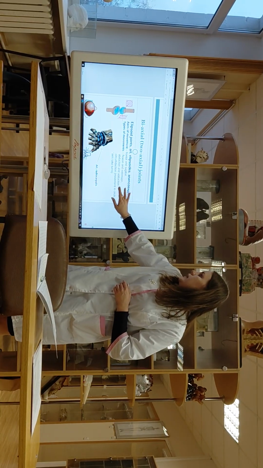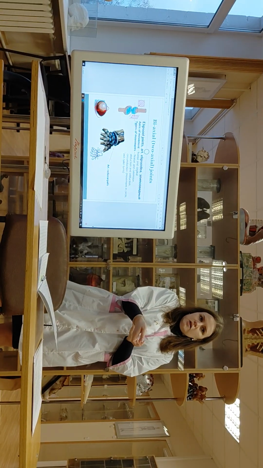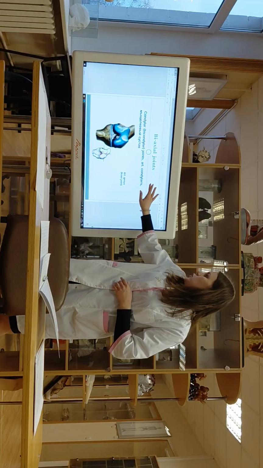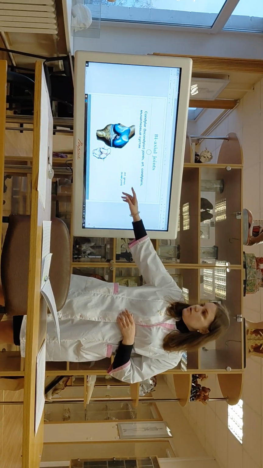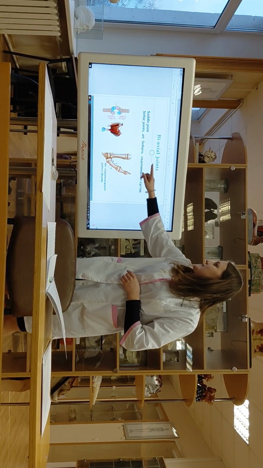Next, biaxial, beginning with ellipsoid. For example, the wrist joint. Biaxial. Flexion, extension, abduction, adduction. Ellipsoid. Then condylar. For example, the knee joint. Condylar. Biaxial too. And saddle.